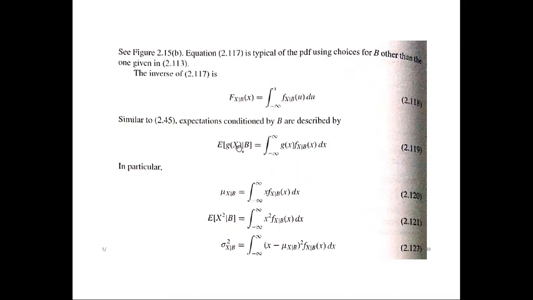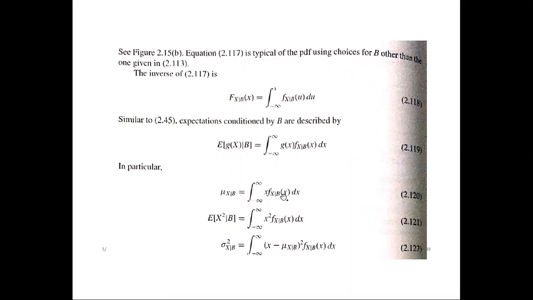The expectation of a function g(x) conditioned on B will be equal to the integral of g(x) times f(x|B) dx. Here this is the conditioned PDF, and this is the function g(x), and we are trying to find the expectation of the function g(x) conditioned by B. In particular, if we take x in place of g(x), then we'll get mu, which will be the mean, and the conditioned mean will be equal to the integral of x f(x|B) dx.